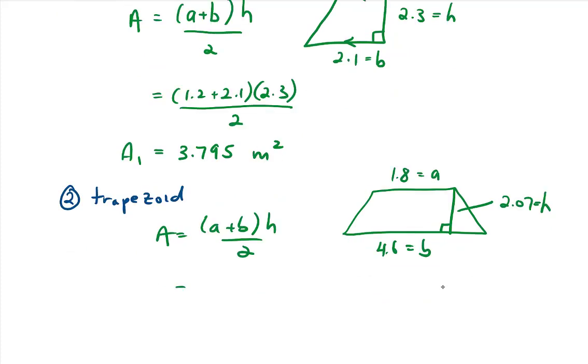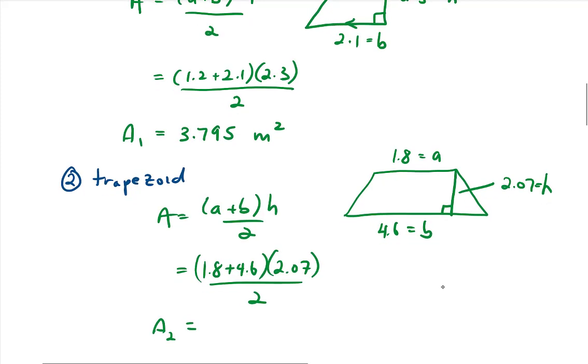So let's sub in our values. We have 1.8 plus 4.6 times 2.07 all over 2, which tells us the area of region 2 is 6.624 meters squared. So that's our second area.